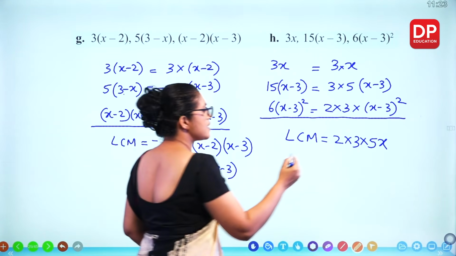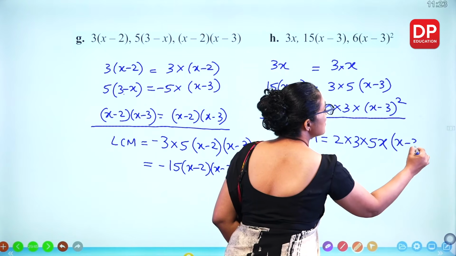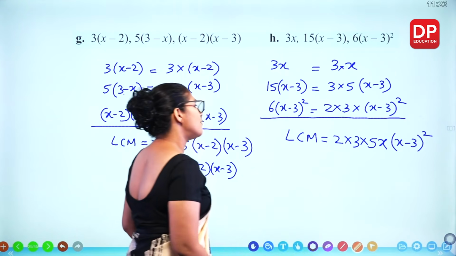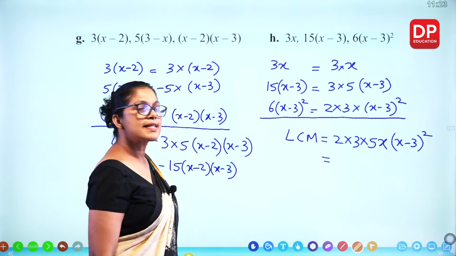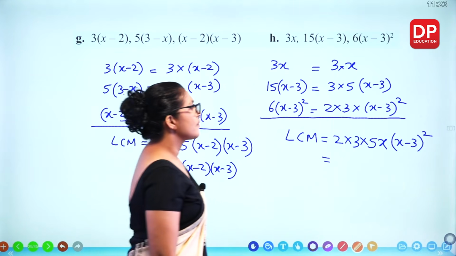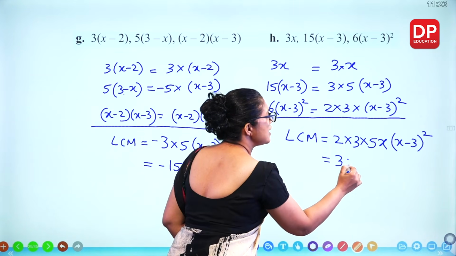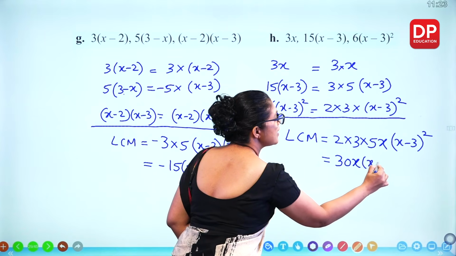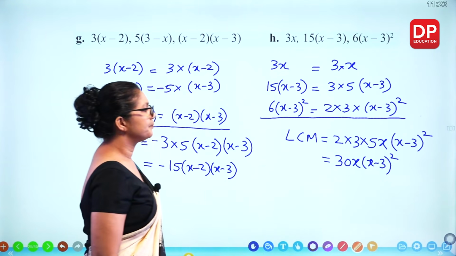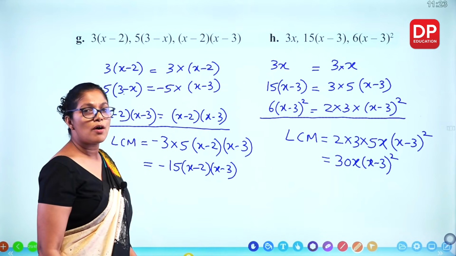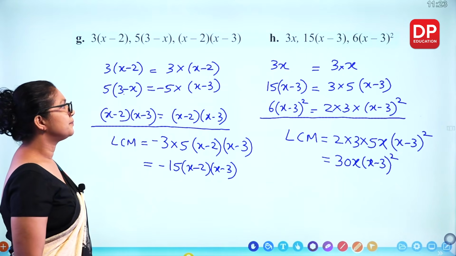You get x minus 3 squared. When you simplify, what you get? 2 times 3 is 6, 6 times 5, 30. So 30x, x minus 3 squared. So that's the least common multiple.